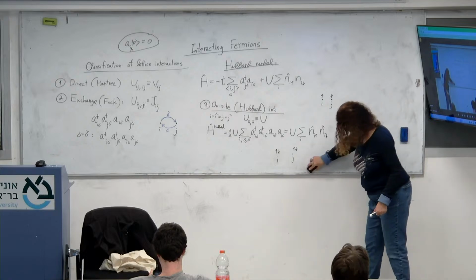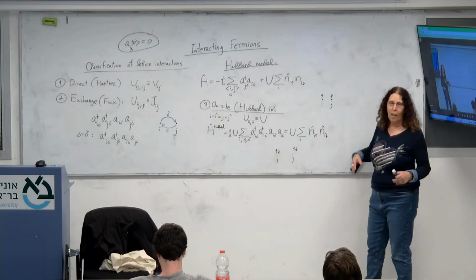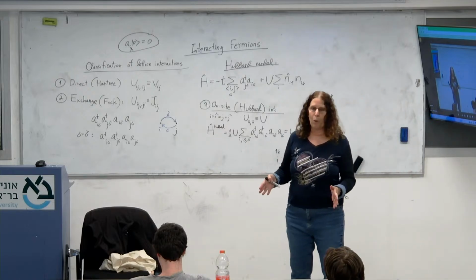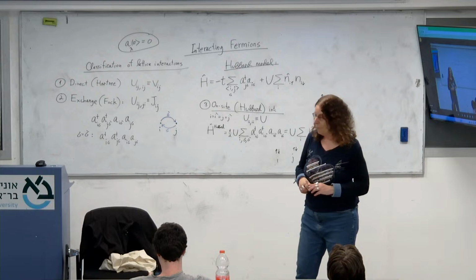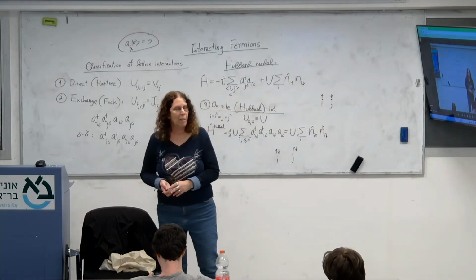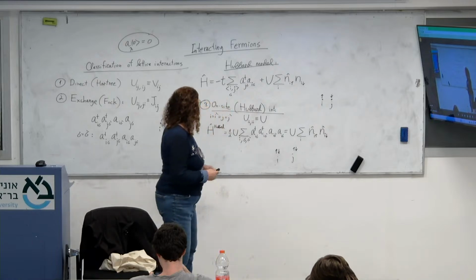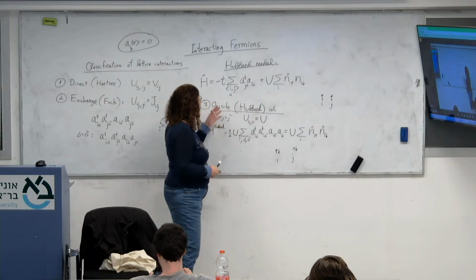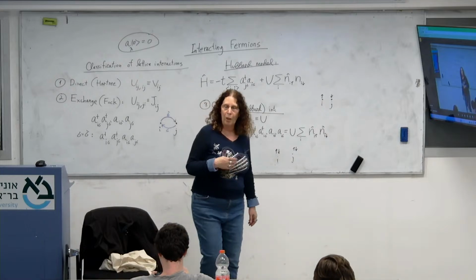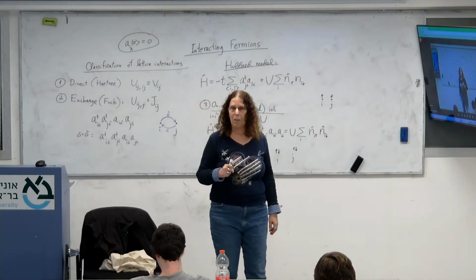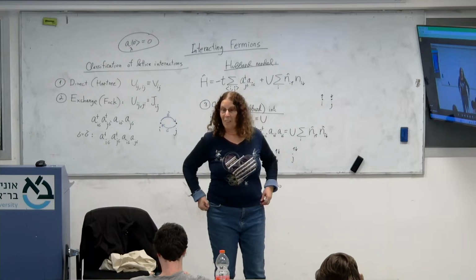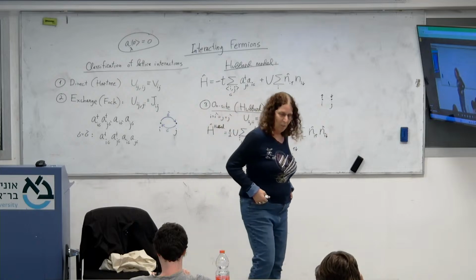And actually, now, to be fancier, there is a belief, which is really a very hard problem to solve in general, that if you go away from half filling, you can get superconductivity from this. But okay, the jury is still out on whether this works.